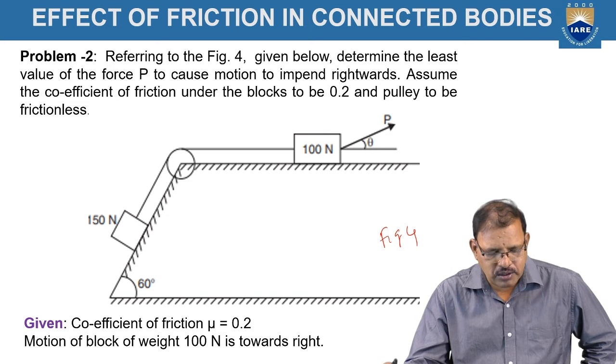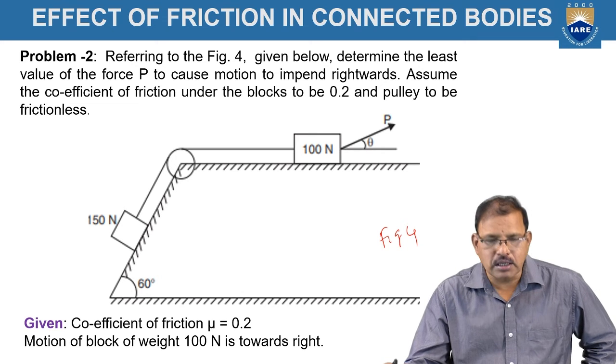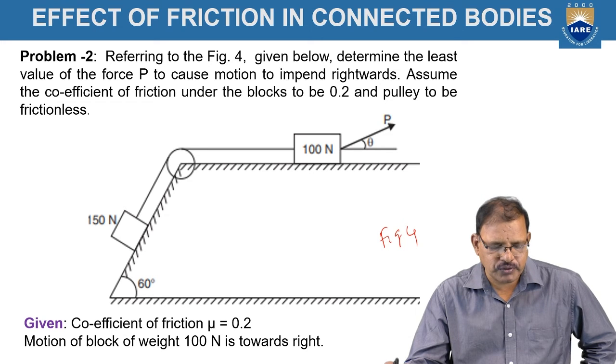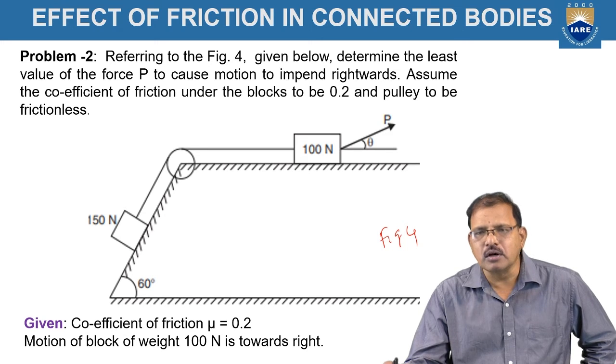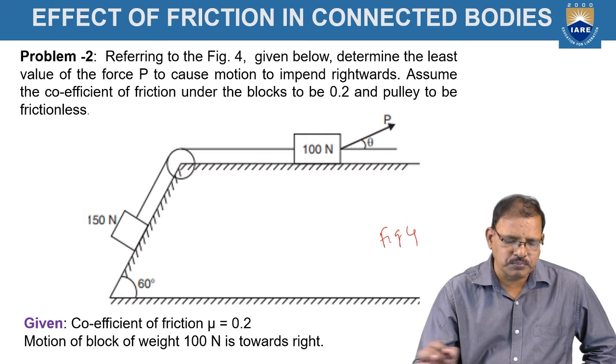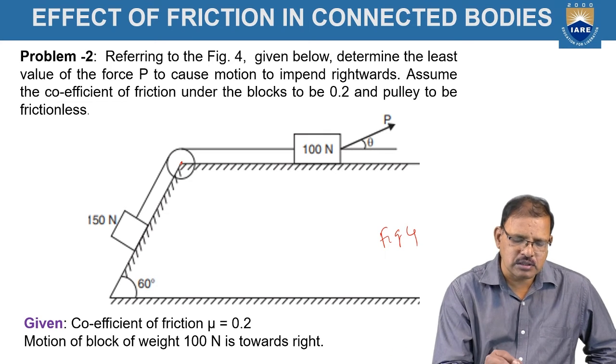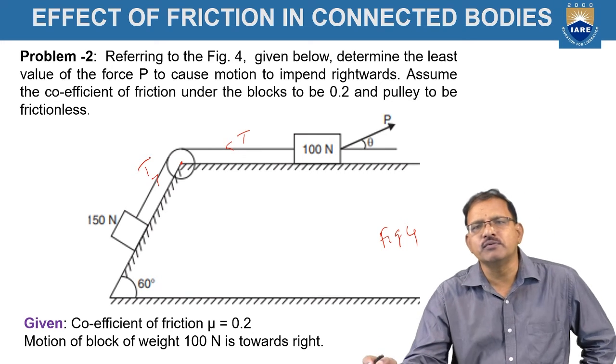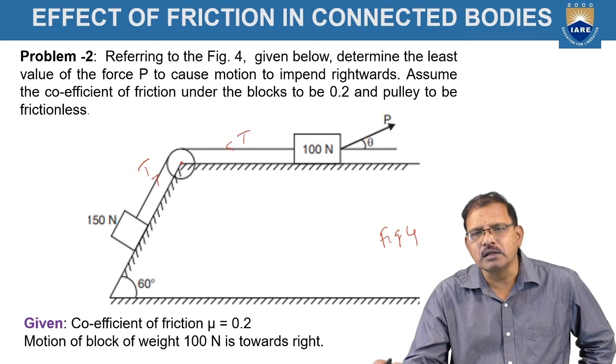Here, according to the figure, the plane is inclined at an angle of 60 degrees, on which a 150 newton body is resting. It is connected to 100 newtons over the pulley, which is frictionless. That means the tensions on both sides should be equal. This is useful for us for drawing the free body diagram.